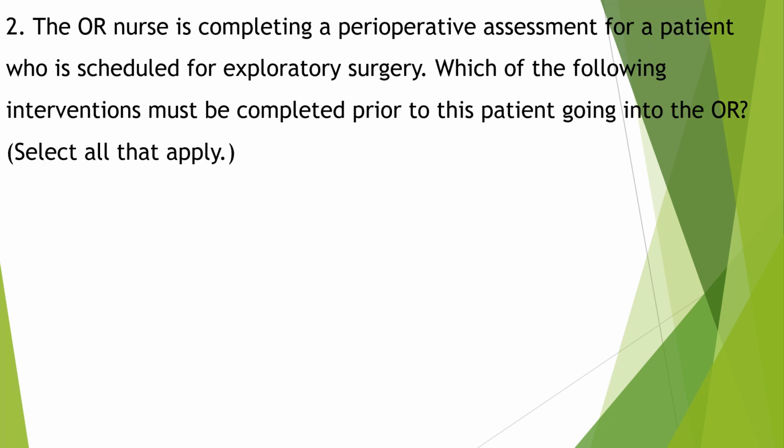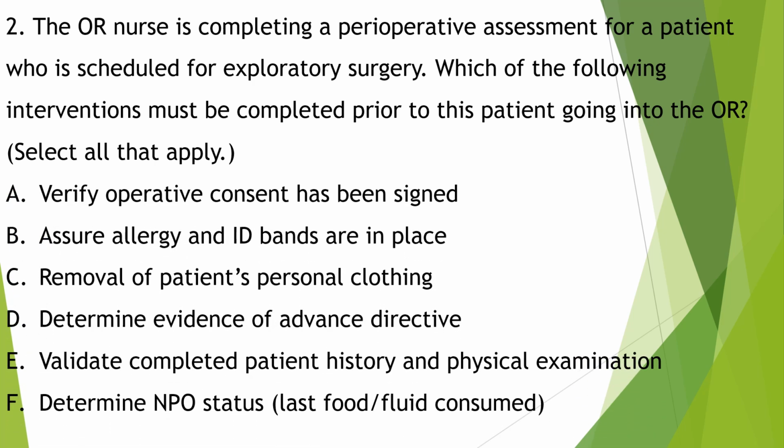The operating room nurse is completing a peri-operative assessment for a patient who is scheduled for exploratory surgery. Which of the following interventions must be completed prior to this patient going into the operating room? Select all that apply. Verify operative consent has been signed.